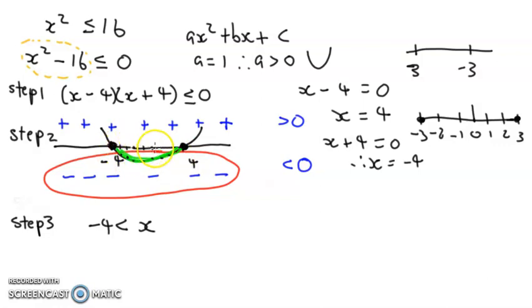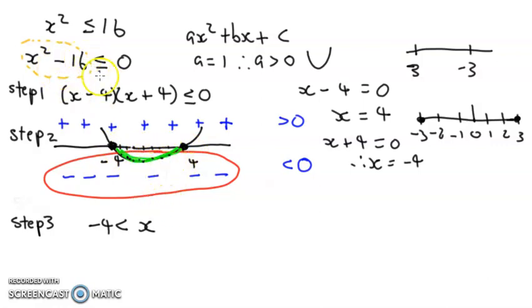Let's say, for example, you were to take a dot here, that would maybe correspond with -3. If you were to take a dot there, it would correspond with -2, 0, 1, 2, 3, and eventually 4. So it's all those values that are between -4 and 4 that actually make this region true for x squared minus 16 is less than 0.